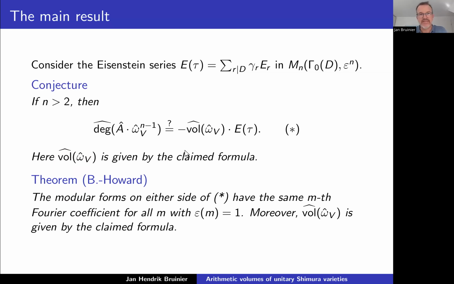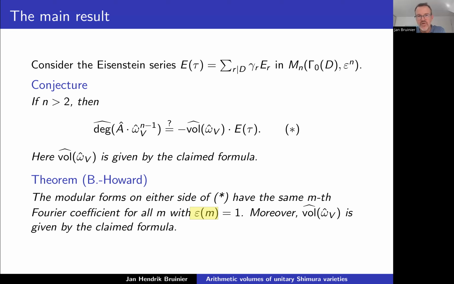And so what can we say about this conjecture? We can prove part of it. We know that on both sides of this equality we have modular forms, and we can show that half of the Fourier coefficients agree, namely for all integers m with the property that the quadratic character evaluated at m is 1, the Fourier coefficients agree.